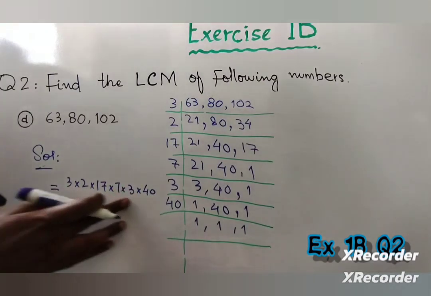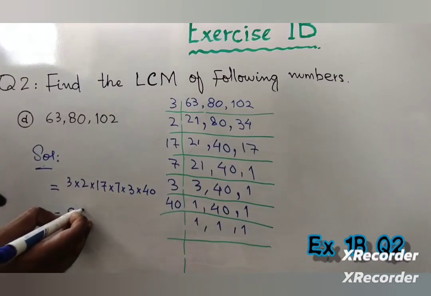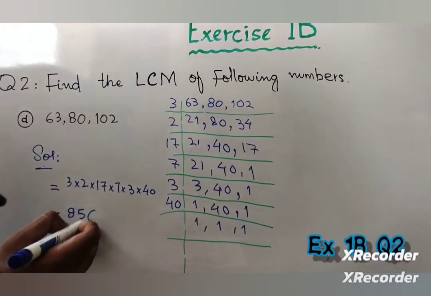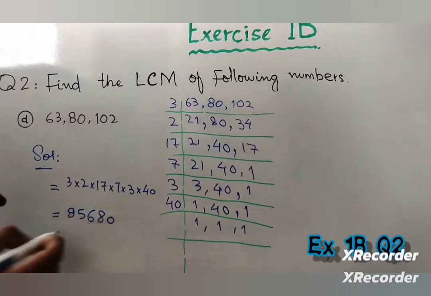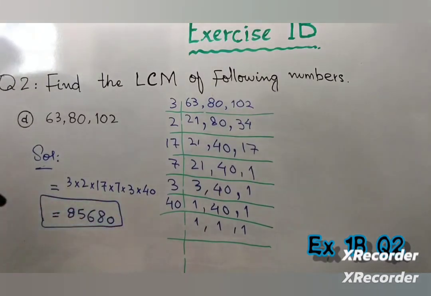By multiplying all these multiples, what we get, that is 85,680. So this is our required LCM, least common multiple.